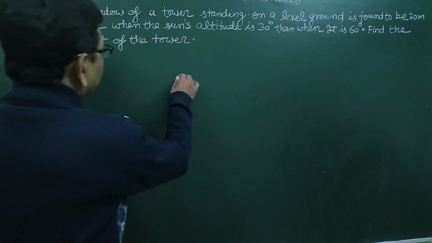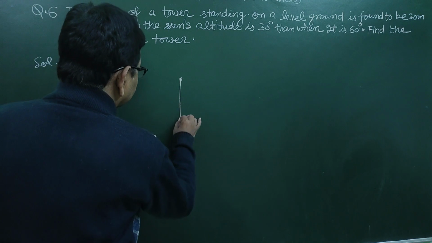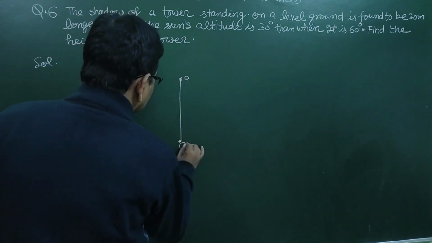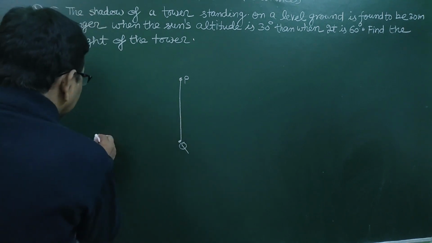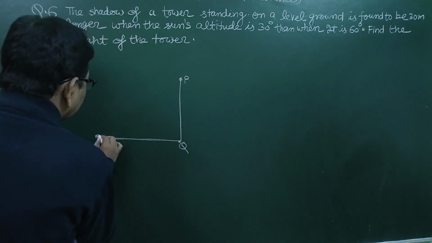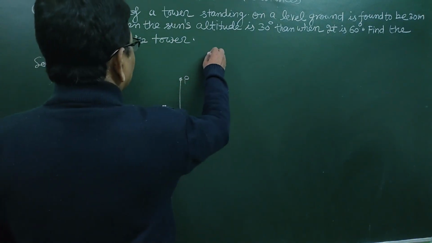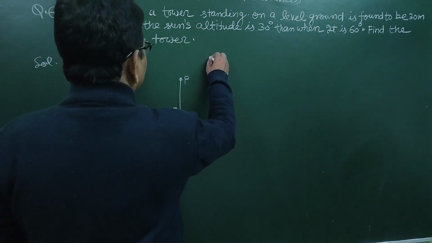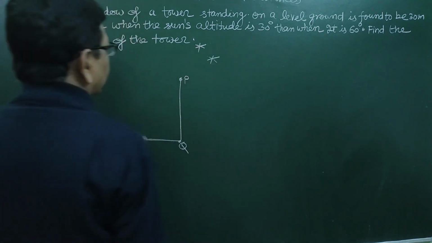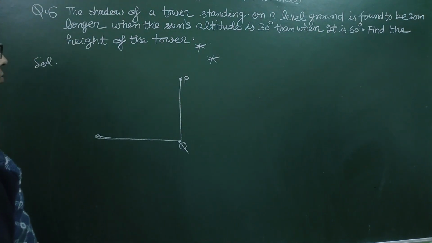So let PQ be a tower. And this is the ground level, and from there are two positions of the sun. First it is at this position, then it reaches another position in the sky.